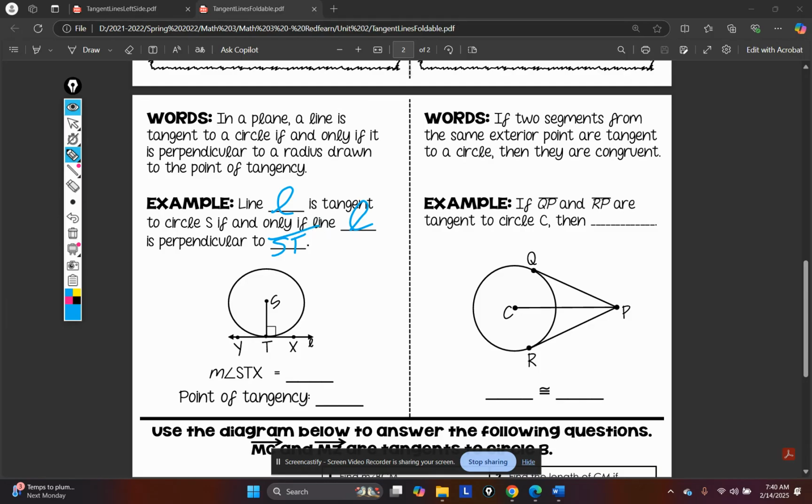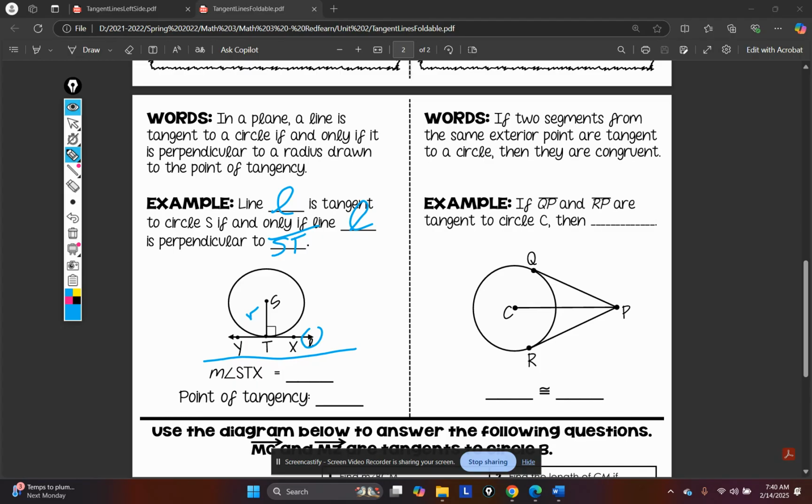Okay? So, because this is line L, if this line here is perpendicular to the radius here, ST, I'm sorry, if it touches ST at that point of tangency T, then it is perpendicular, which creates that 90-degree angle.